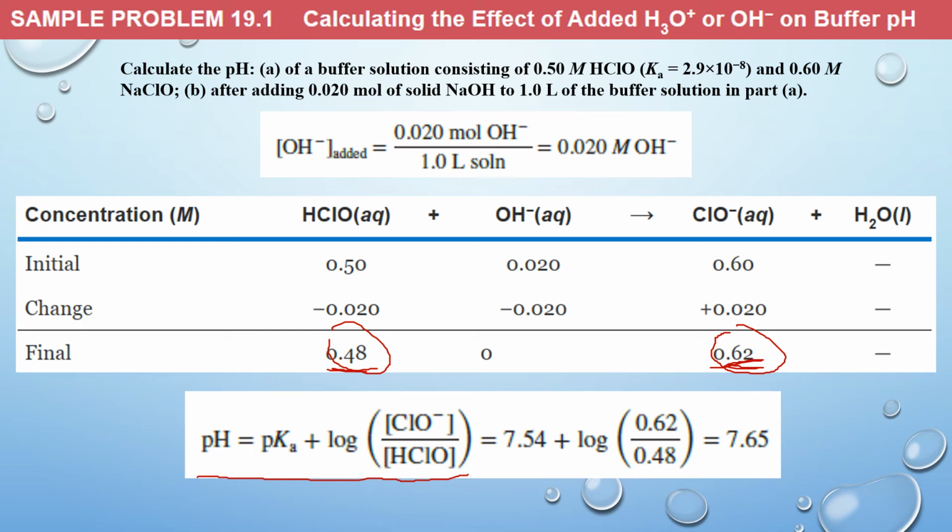The pKa value is the negative log of this Ka, and so that will be 7.54, and we know the concentration of the base and the acid, so we got 7.65. So using the ICE approach, we got 7.66, so almost identical result, but the math becomes much easier.